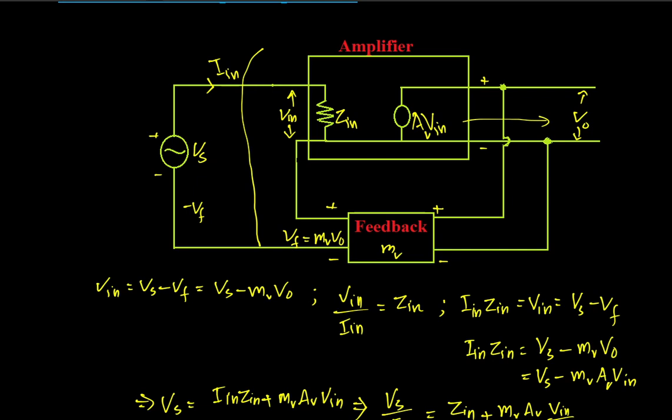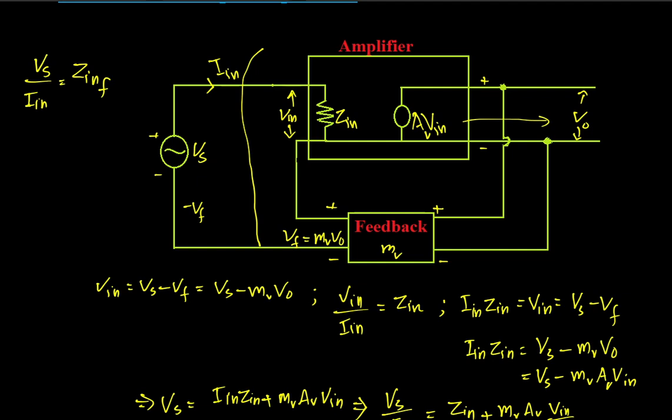That is, if we calculate this Vs by Iin, it will give the impedance of the entire circuit, that is, the input impedance of the circuit with feedback, which we can represent by Zin(F).